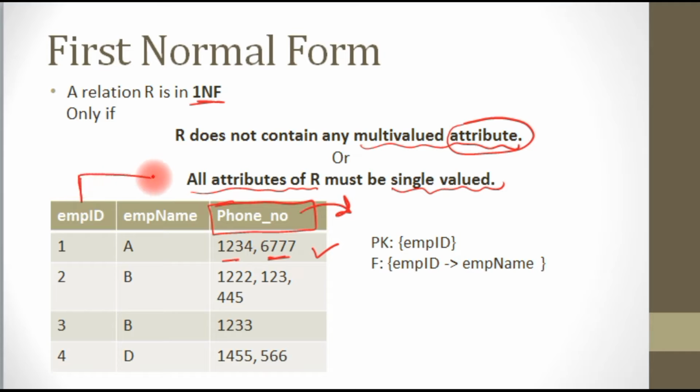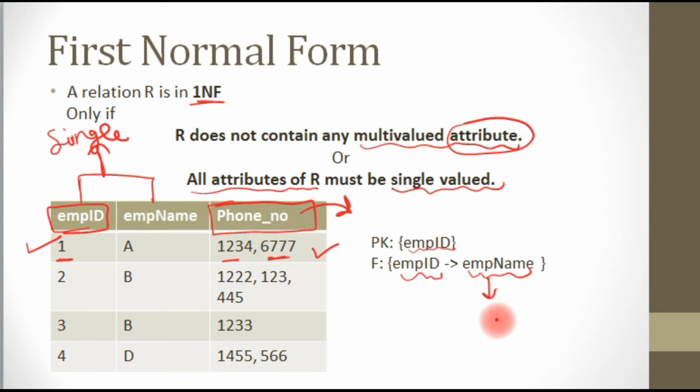And these two attributes are single valued attributes, because for each row we have only one value for an attribute. That's why these attributes are single valued attributes. What will be the primary key of this relation? The primary key of this relation is employee ID, and the functional dependency is that employee ID determines employee name.